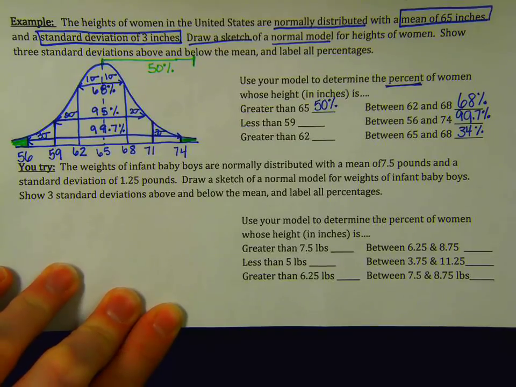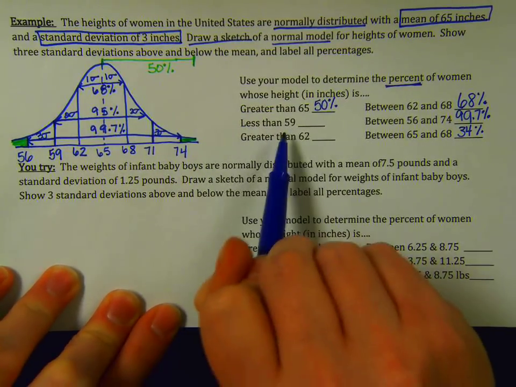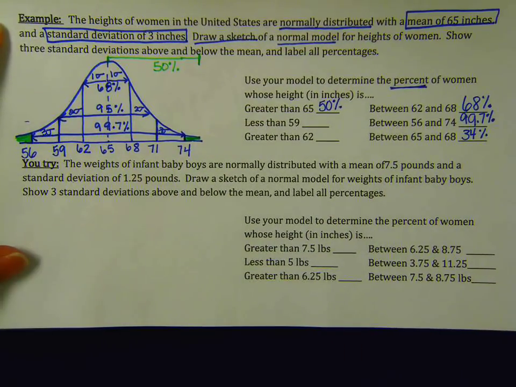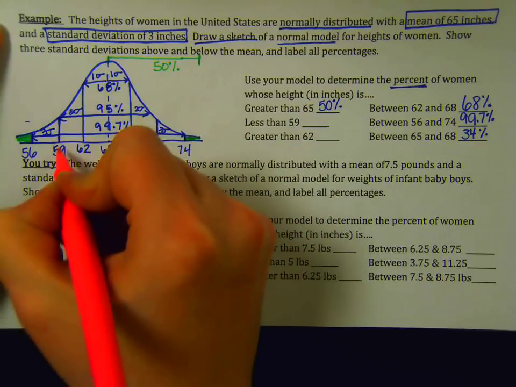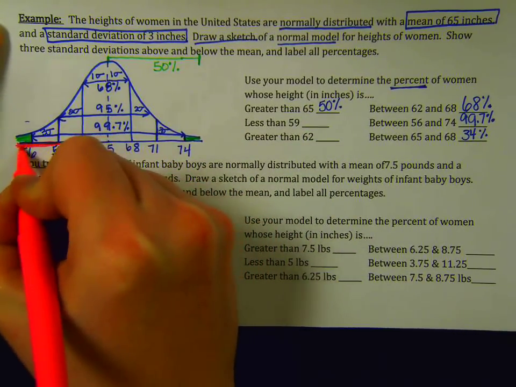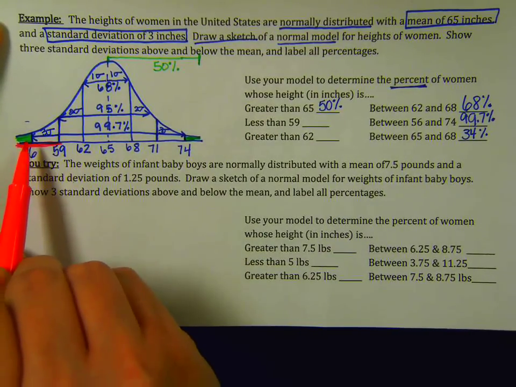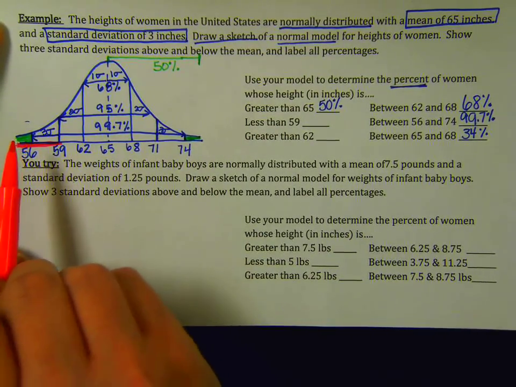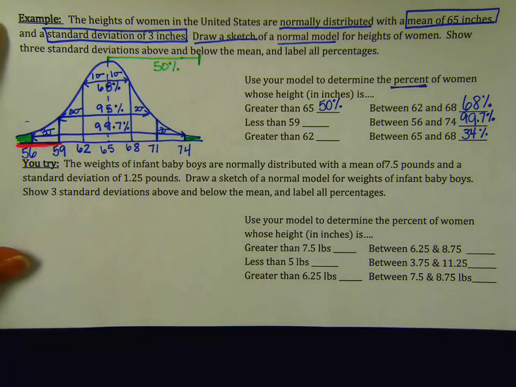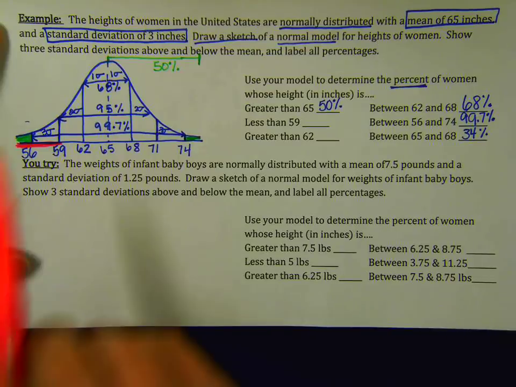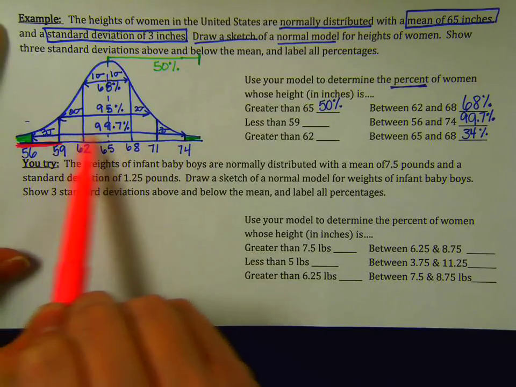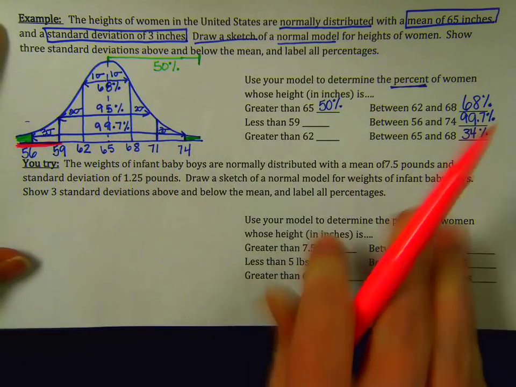Now we have two where we actually have to think a little bit. So less than 59. I'm going to come over here, less than 59 right here. Let me change colors. So from 59 on. But we have to keep in mind there's this green stuff. I don't know exactly what percent that is. So I'm going to say from 59 to 56, or less than 59 I should say, all of this data right in here is how much?